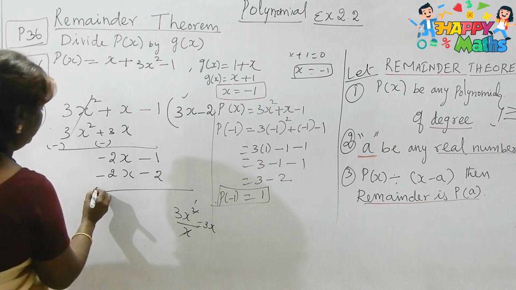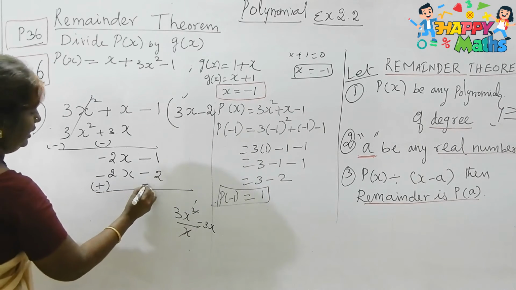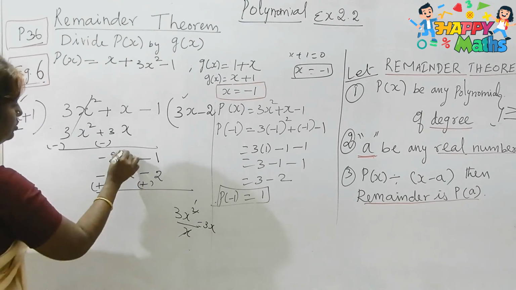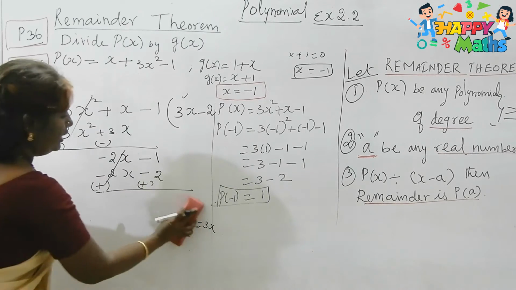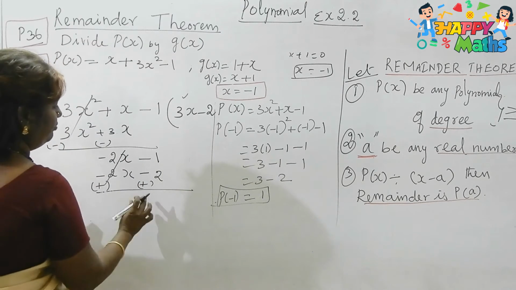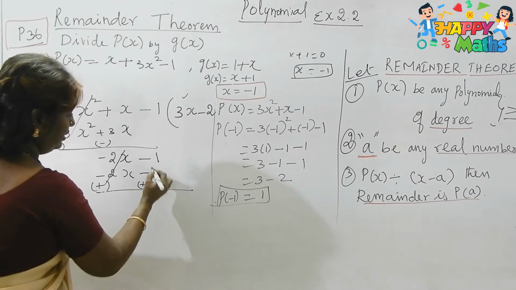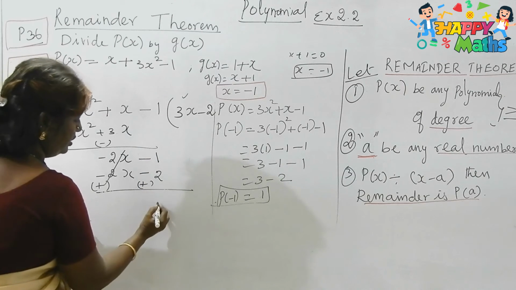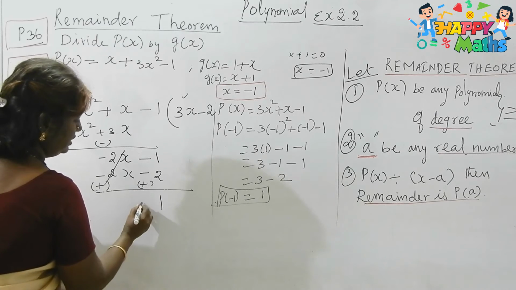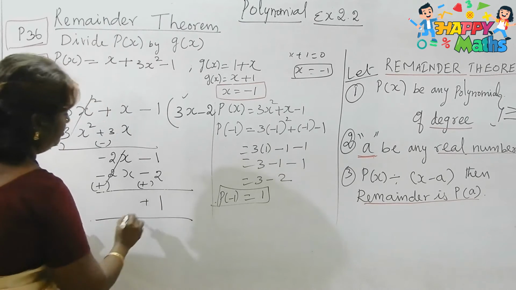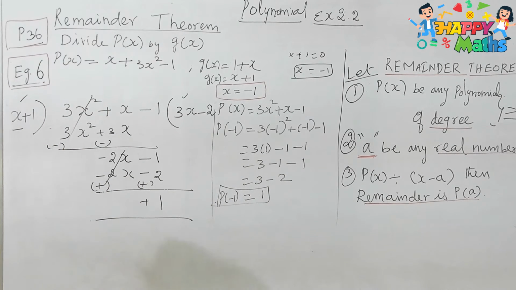Now we have to change the sign. So this 2x will get cancelled. Here it is plus 2 and then minus 1, both are different signs. So subtract, when I subtract 2 and 1, 2 minus 1 is 1. The greater number's sign is plus, so this is plus 1. So we have got the remainder 1.